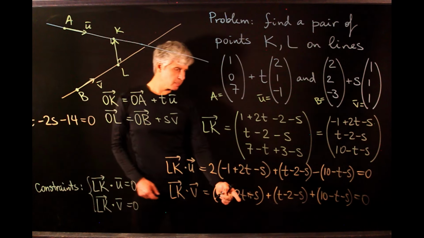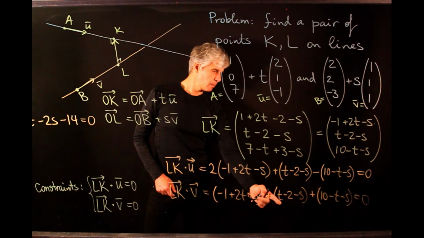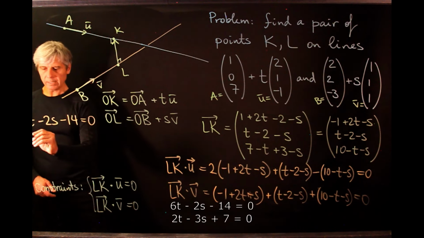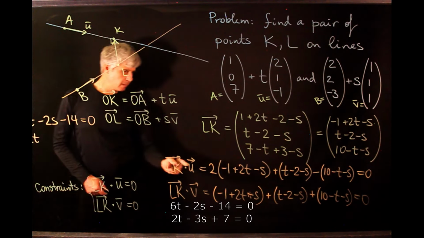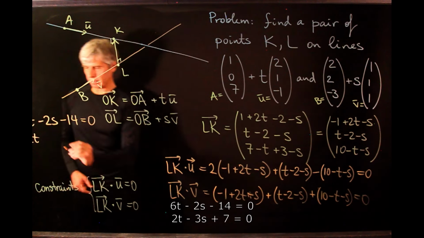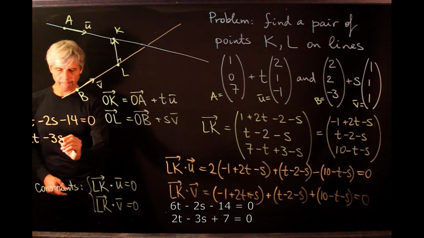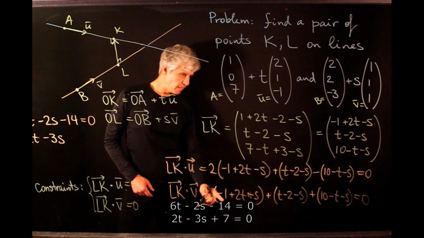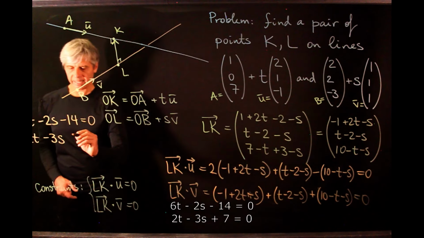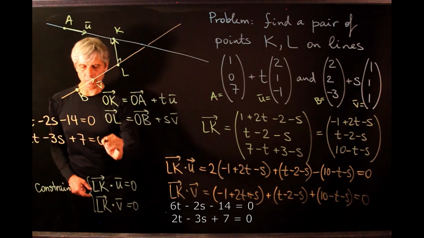And this simplifies, so we have 2t, and then with s we have minus s, minus s, minus s, minus 3s, and the constants are minus 1, minus 2, and plus 10, plus 7, equals 0.